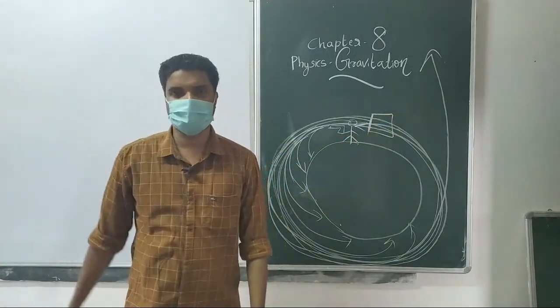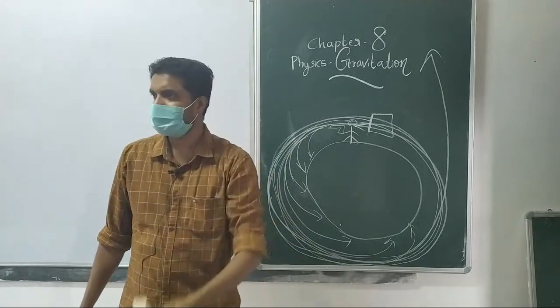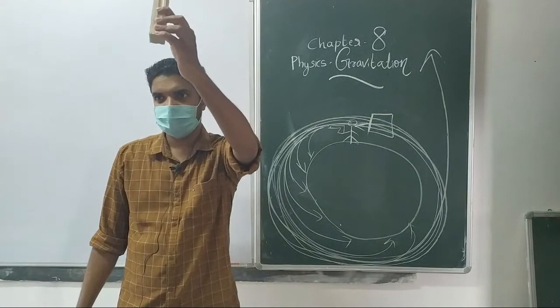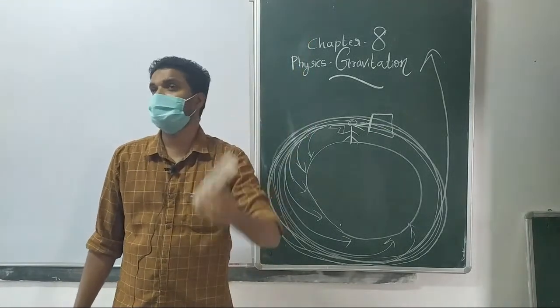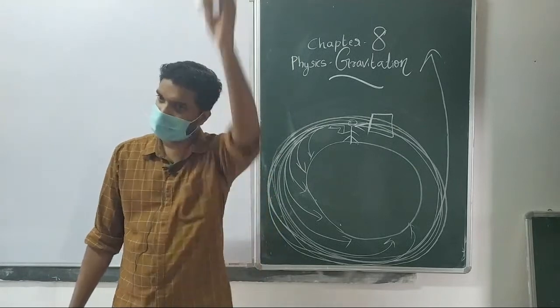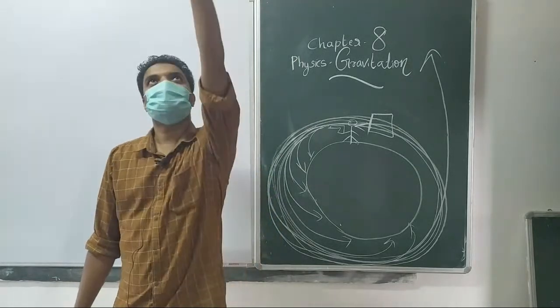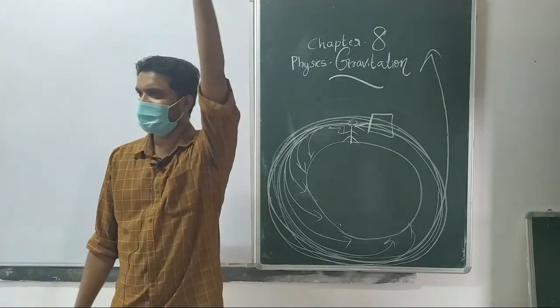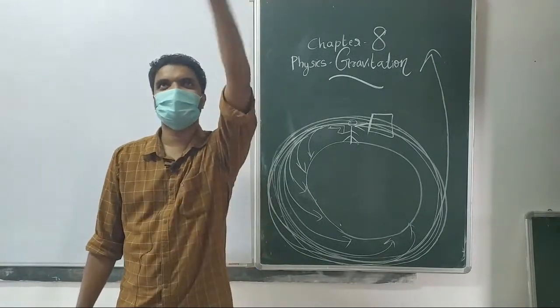Where can you see escape velocity? Rocket launching. The rocket should go out, right? Fifty or sixty years ago, whenever India launched a rocket, it would always come back. Go, projectile motion, come back.